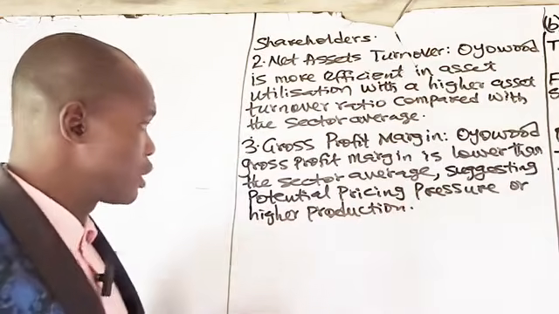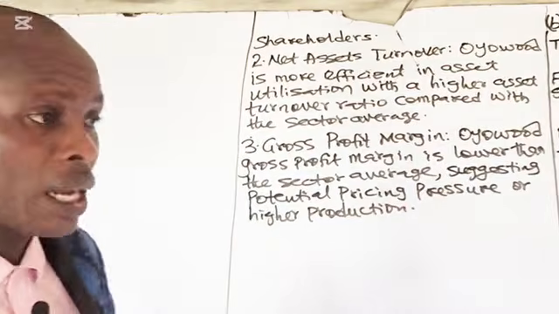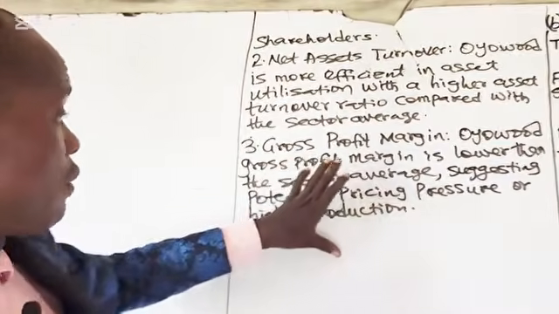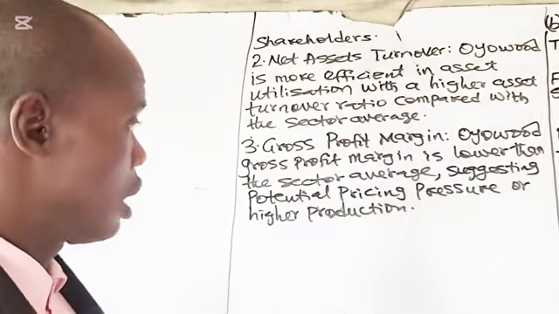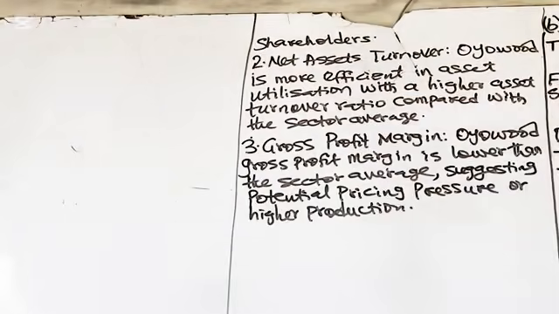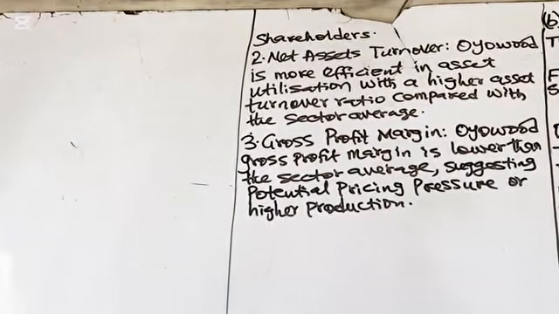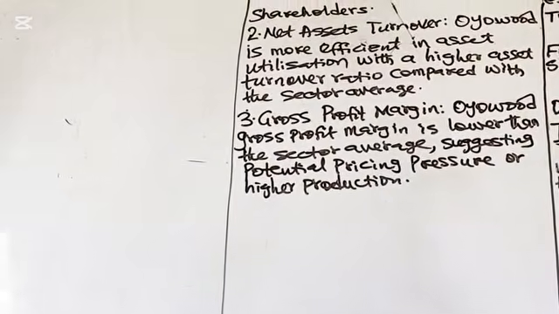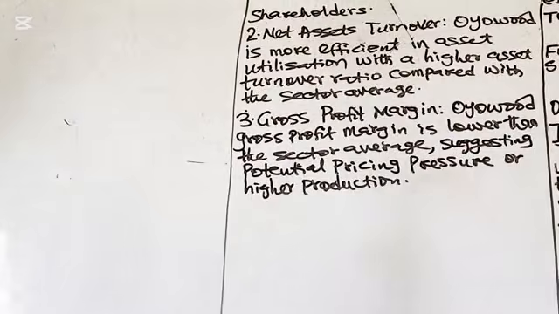If your cost of production is extremely high, that could be as a result of inefficiency of management in applying proper control measures in controlling their controllable costs. So that could be the reason. So that is gross profit margin.